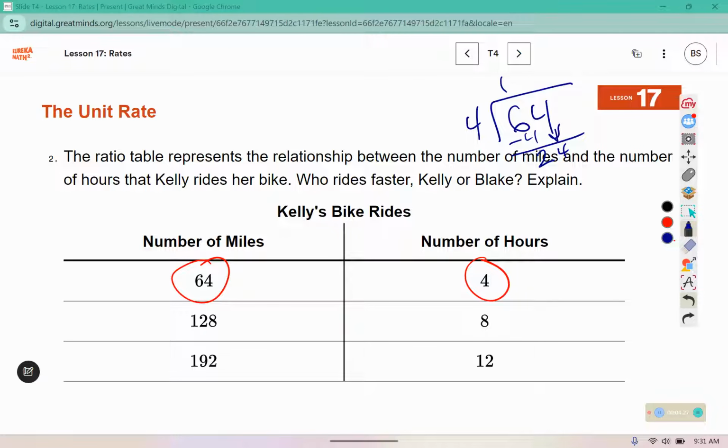Bring down the 4. 4 fits into 24 6 times. So Kelly rides at a rate of 16 miles per hour, and Blake rides at a rate of 15 miles per hour. This would mean Kelly is faster.